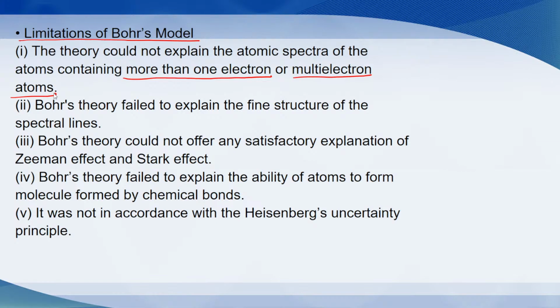And Bohr's theory failed to explain the fine structure of spectral lines. The spectral lines split into 2 or 3 lines, and these finer details could not be explained by Bohr. Bohr theory could not offer any satisfactory explanation of Zeeman effect and Stark effect.